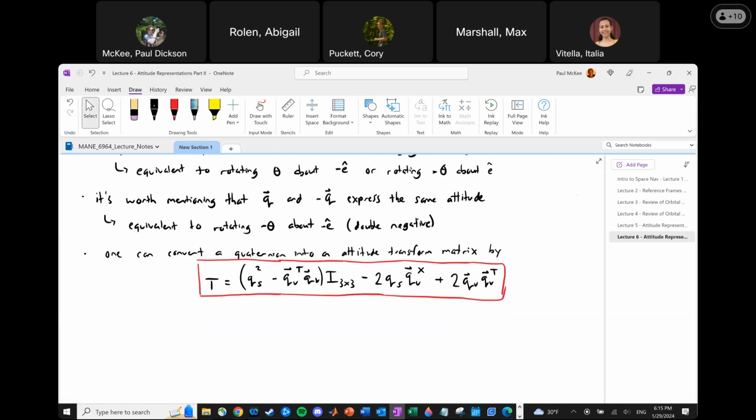Now, just a few more fun facts about quaternions, and then we'll wrap up. We can use the quaternion multiplication operator if we have sequential rotations.